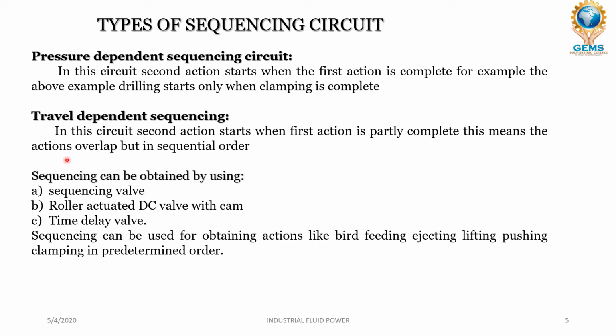This means the actions overlap but in sequential order. Sequencing can be obtained by using sequencing valve, roller actuated DC valve with cam, or time delay valve. Sequencing can be used for obtaining actions like feeding, ejecting, lifting, pushing, clamping in predetermined order.